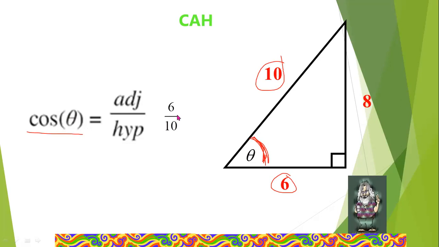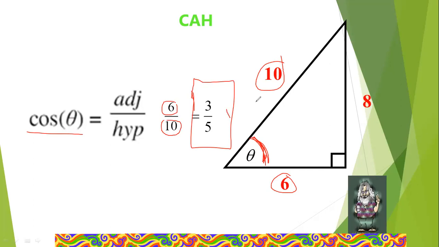Take note, we can reduce this to lowest terms. So our final answer will be cosine theta equals 3/5. Again, this is now your final ratio, 6/10, and when we reduce it to lowest terms, 6 divided by 2 is 3, 10 divided by 2 is 5.